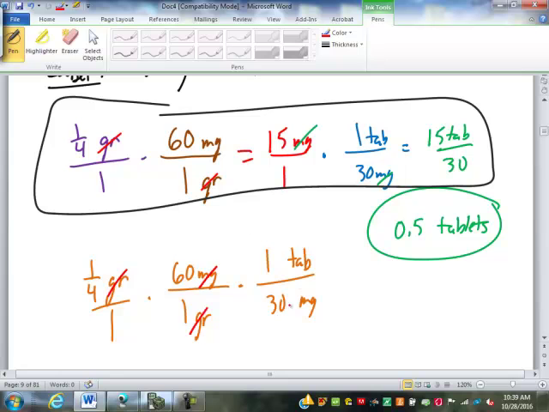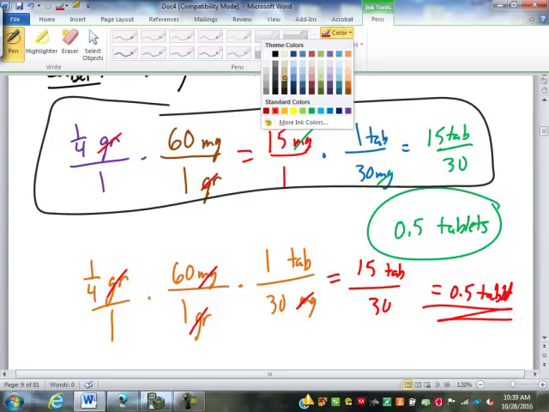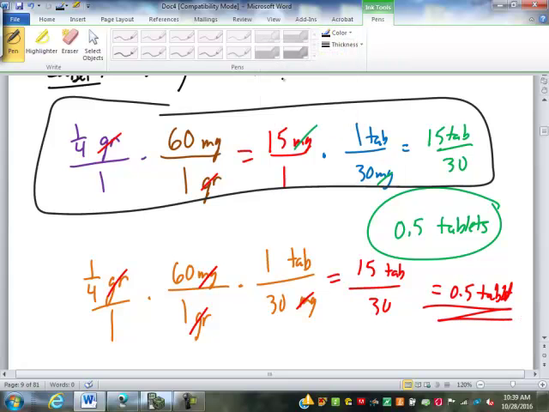Cancel out the grains, cancel out the milligrams, multiply everything across the top. 1/4 times 60 times 1 tablet is 15 tabs. 1 times 1 times 30 is 30, and we get the 0.5 or half a tablet. Which works pretty well. I've always been one that likes to do it step by step, but you can set it up as one big long problem like that and just multiply through the top and the bottom and divide it out.